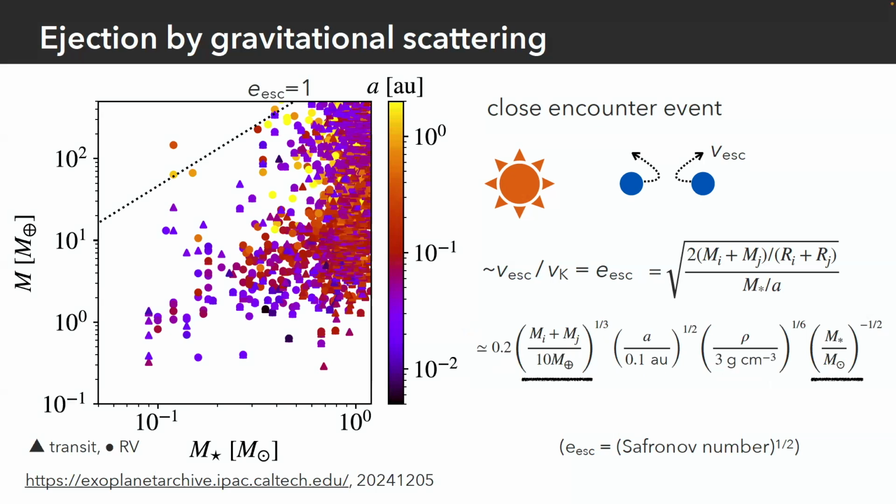Planets over this line easily cause ejection. So we can explain the absence of planets here by ejection, and I try to explain this sparse region also by ejection.